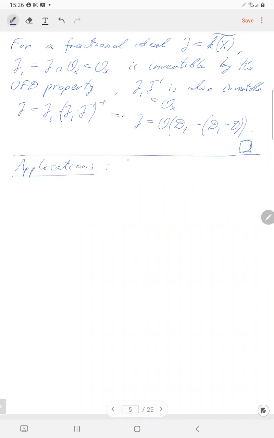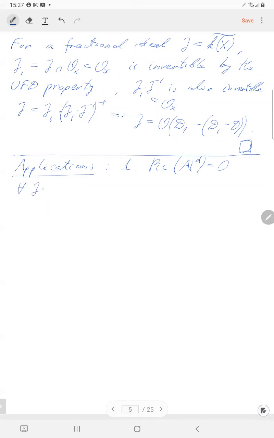So first of all, as I promised, the Picard group of the affine space is 0. Why? Because we know that any invertible ideal is associated to a divisor, and again, this divisor is the difference of two effective divisors.